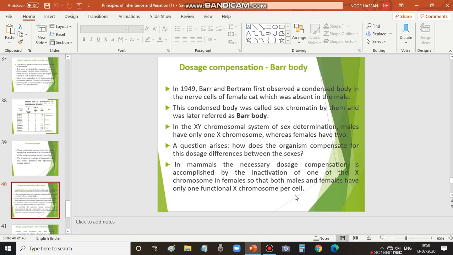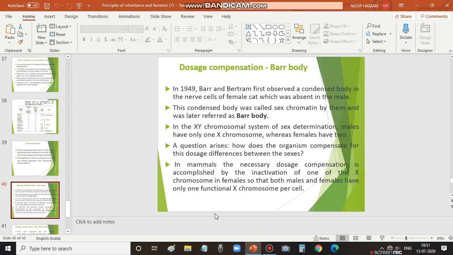Understand? In human beings, there are 44 autosomes, or somatic or body chromosomes, which control body characters, and the last pair, the 23rd pair, is the allosome, which consists of XX chromosomes in female and XY chromosomes in male. So here it explains that in mammals the necessary dosage compensation is accomplished by inactivation of one of the X chromosomes in female, so that both males and females have only one functional X chromosome per cell.